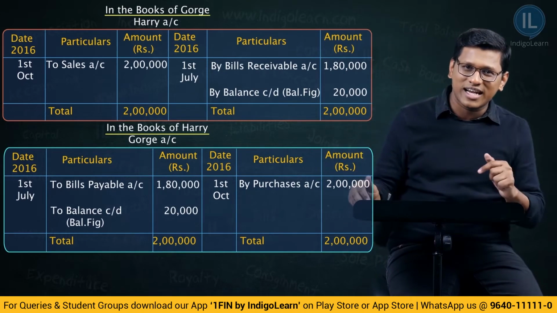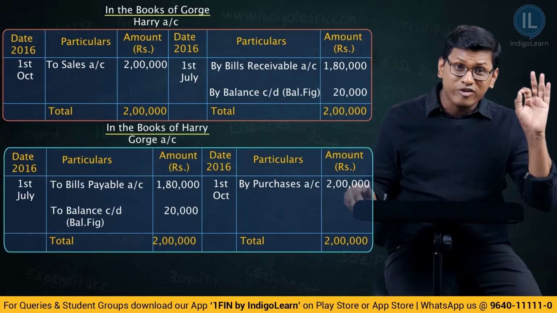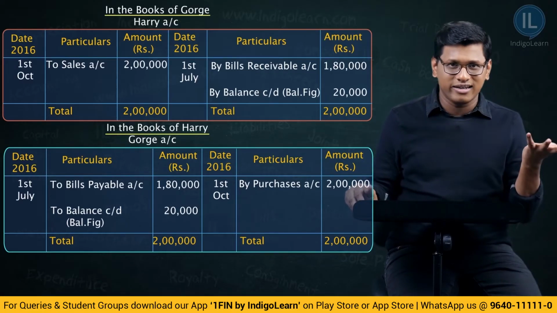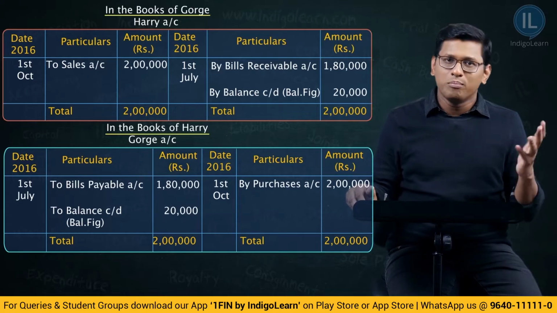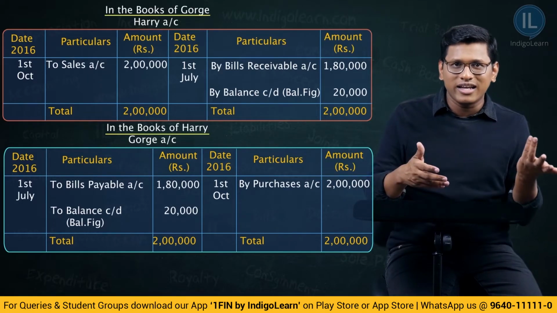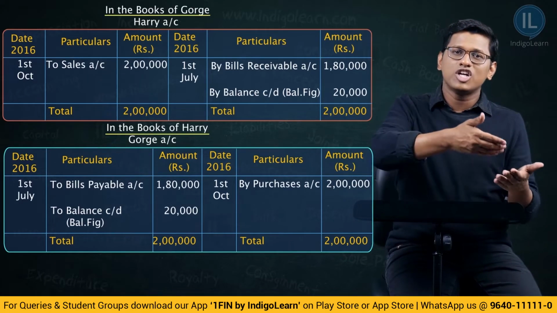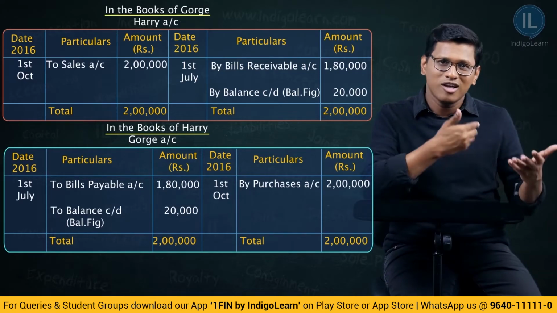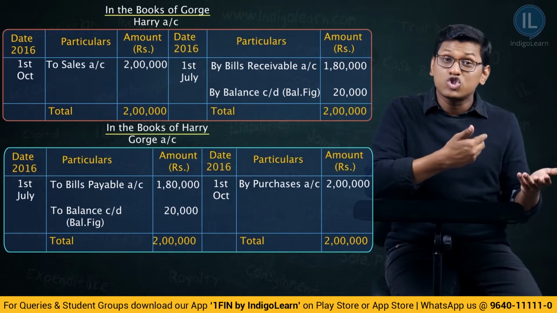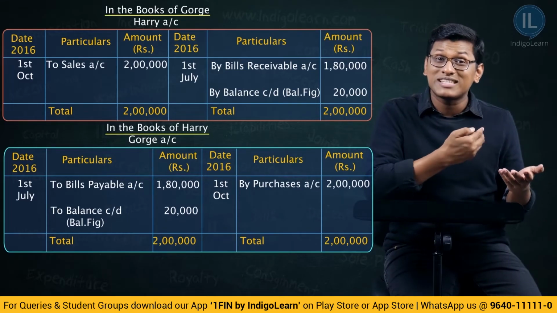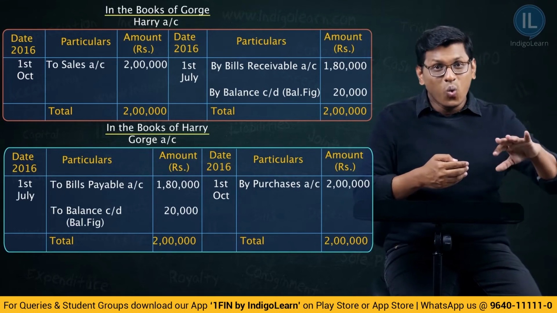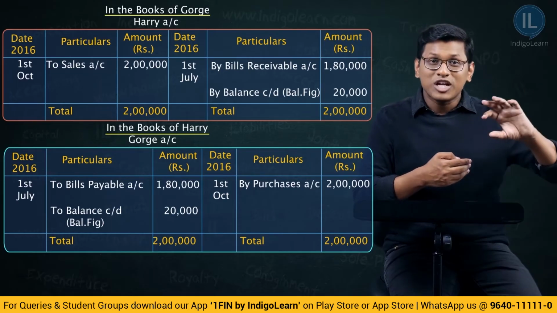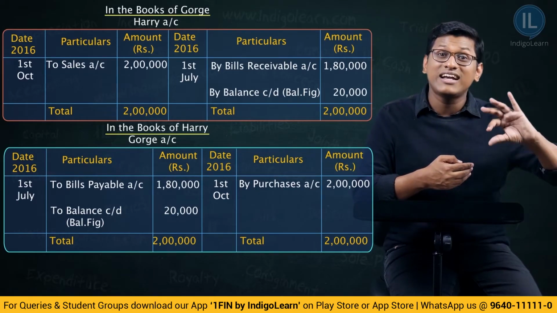Right. Now come to the other side. Harry on 1st of September had clearly a bill payable. When Harry recorded bills payable, basically George account was debited to bills payable for 1,80,000. So George account was debited. Now on 1st of October, George's account is credited.